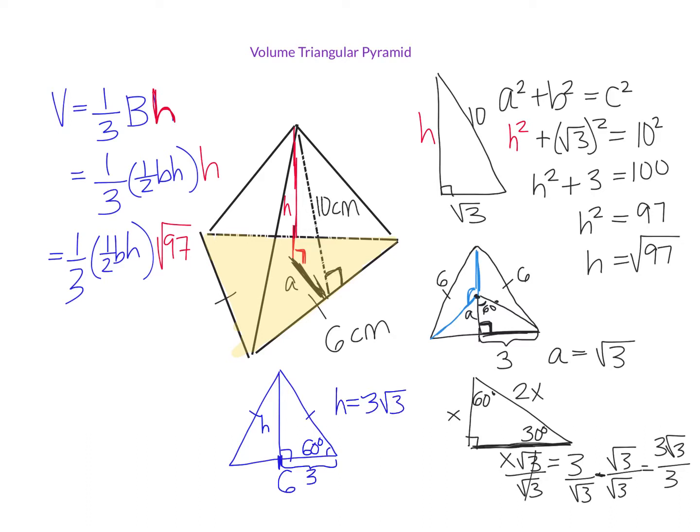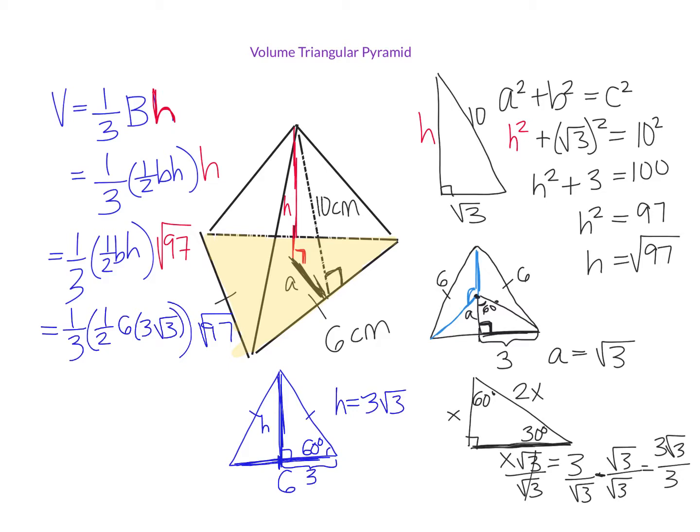All right, now I'm going to go through the process of replacing the variables that we have here. So we have 1/3 times 1/2, times the base, here's the base of our equilateral triangle, 6, times the height of my equilateral triangle, which we just found to be 3 times the square root of 3, and times the square root of 97. Okay.